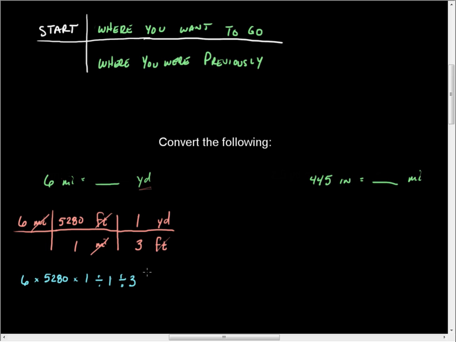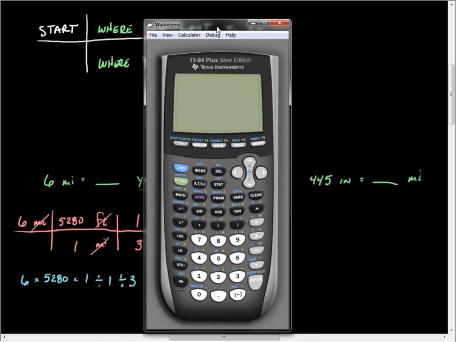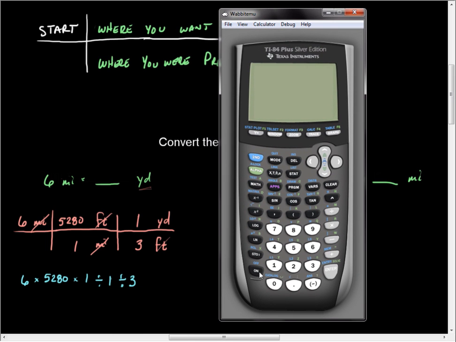Again, this is shorthand. You can always just multiply straight across the top, multiply straight across the bottom, and then divide. That's fine. But I found in a calculator, you can do it in one shot with this kind of syntax. If I bring up my calculator and move it so you can all see it, take 6 times 5,280 times 1 divided by 1 divided by 3.